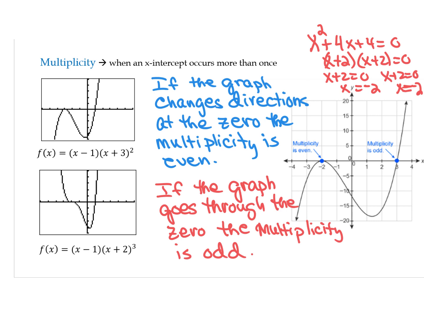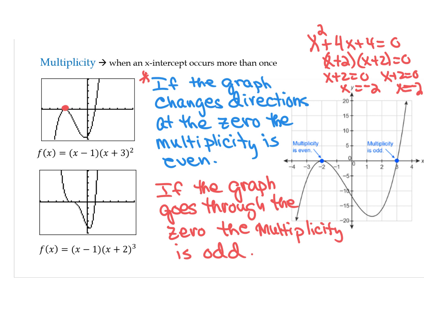Now, if you're given a graph to determine the multiplicity, if the graph changes directions at the 0, the multiplicity is even. And let's look at this particular 0.